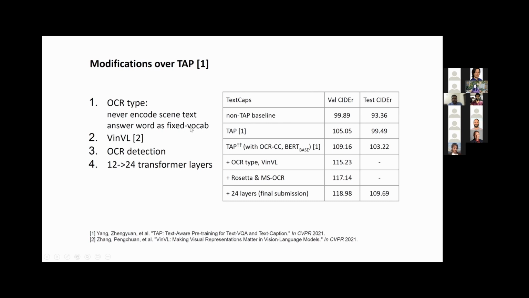So in this challenge we didn't encode the syntax detected in the question as the fixed one. After some experiments, we found that the performance actually improved without it. Yes. Okay, thank you.